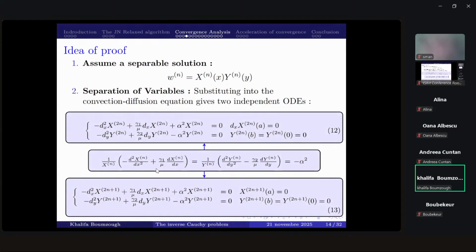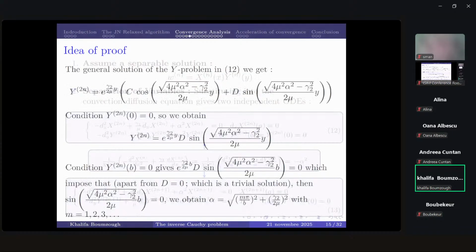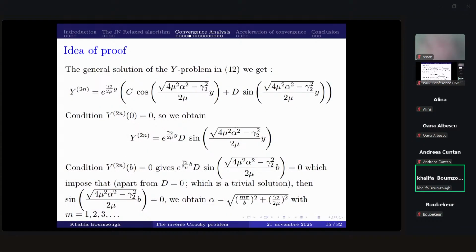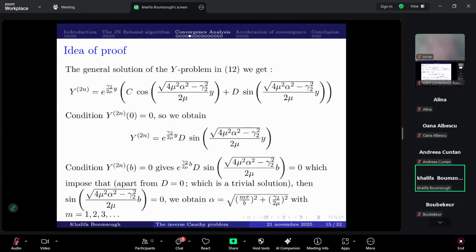So we have four ordinary differential equations of second order, and we use the technique for solving these ordinary differential equations. We obtain the general solution of the Y problem in equation 12 with this formula.